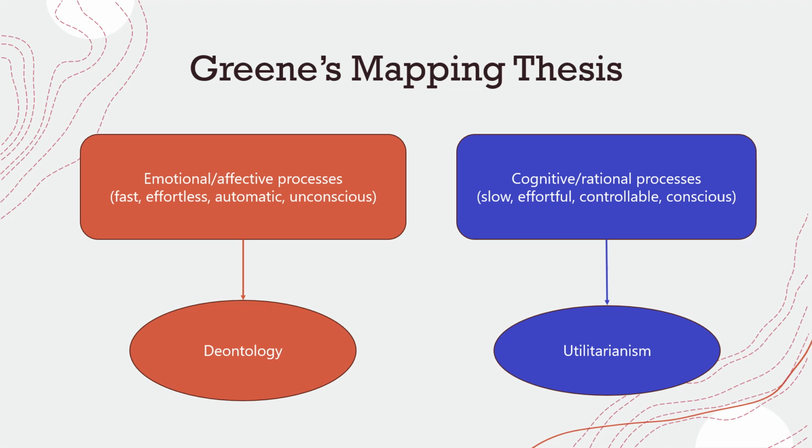They're things that we don't question. They're always true. They are wrong in themselves regardless of the outcome. So that focus on duty and obligation, the immediate wrongness of something, aligns with the emotional affective processes.